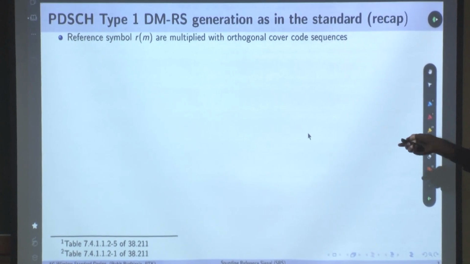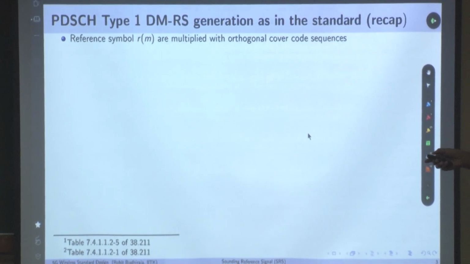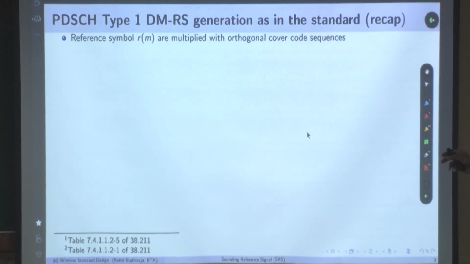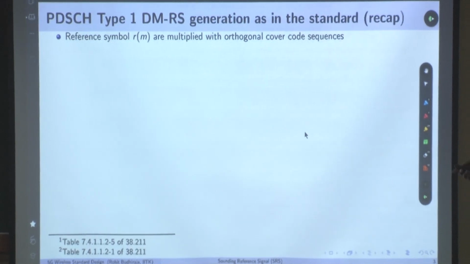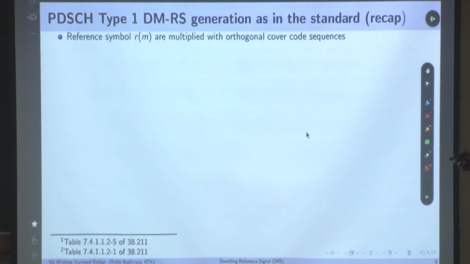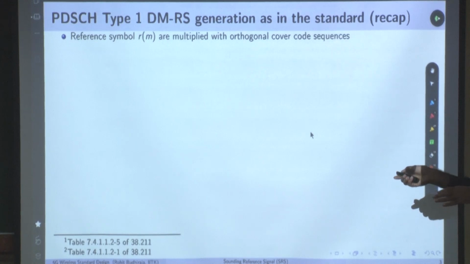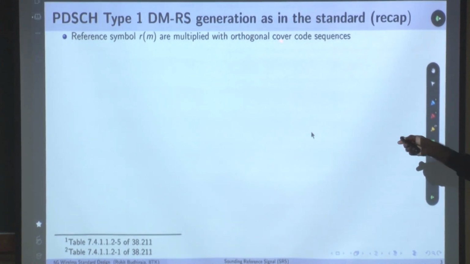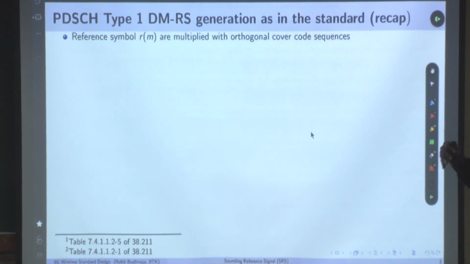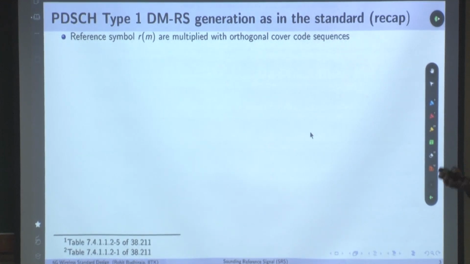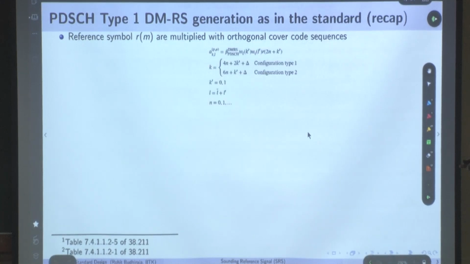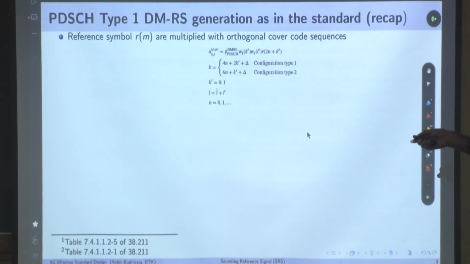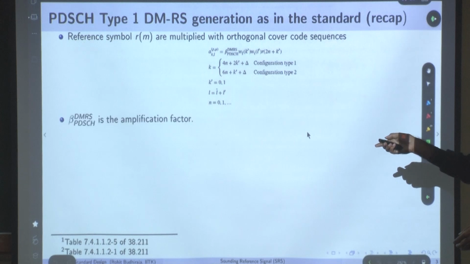I'll quickly run through this. First, QPSK modulated reference symbols are designed, and later they are multiplied with orthogonal code cover sequences. This slide and the next slide tell us how these orthogonal cover sequences are applied onto the QPSK modulated reference symbols. I showed you this formula, and this is the amplification factor.